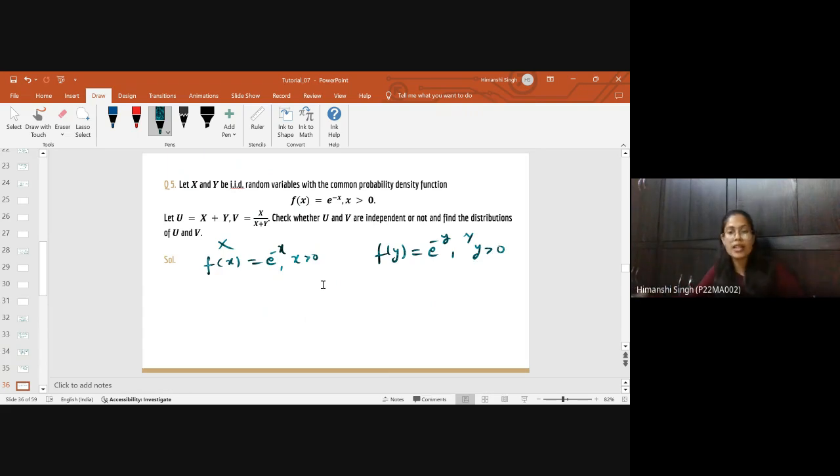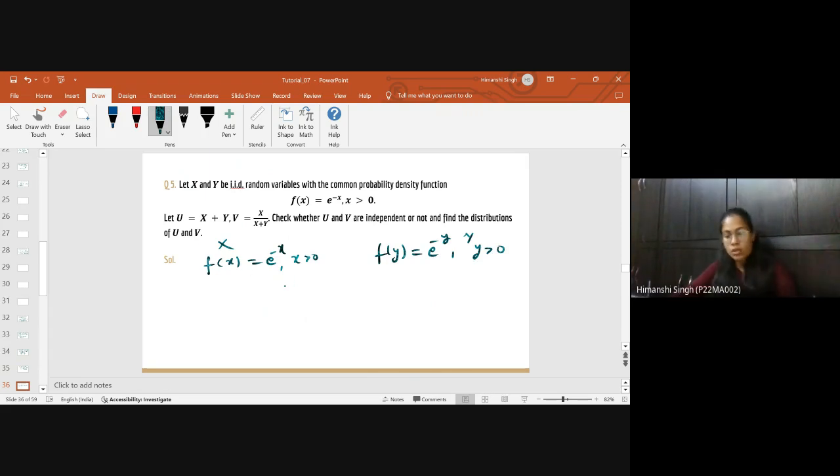In order to check that, first we need to find the marginal distributions of u and v, and I will find out the joint density of u and v. Then I'll compare whether the joint density is a product of the marginals or not. So we need to find the distribution of u and v and the joint distribution of u and v.